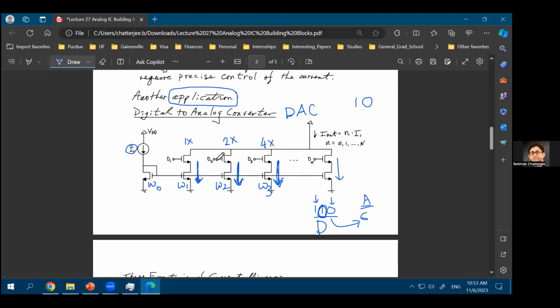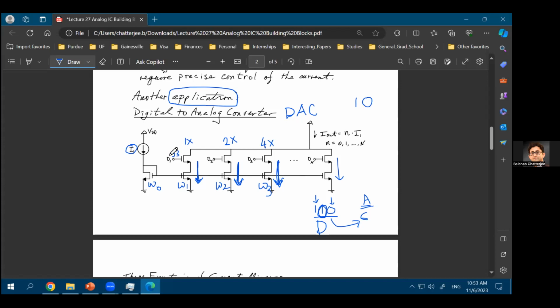Now what these D1, D2, and D3 are doing is, these transistors are just working as switches. You know that if the gate to source voltage of an NMOS transistor is more than the threshold, then that transistor is on. Otherwise, the transistor is off. So if your gate voltage over here is, let's say, 3.3 volts, for example, let's say these are 3.3 volt transistors.